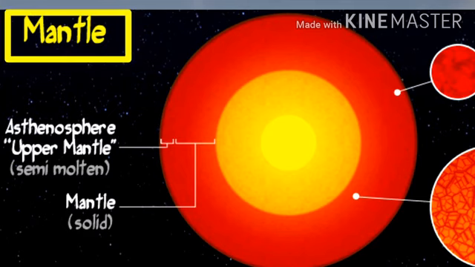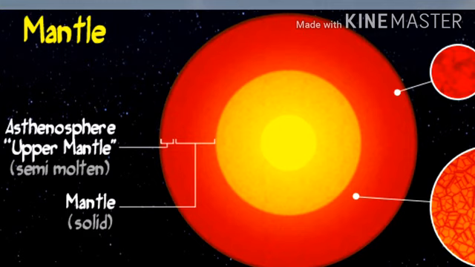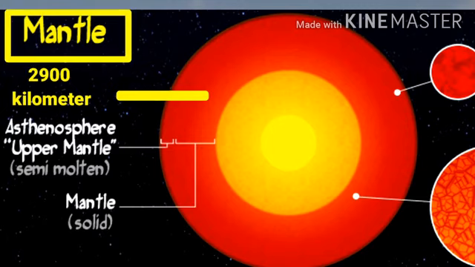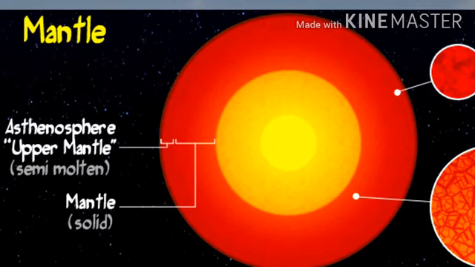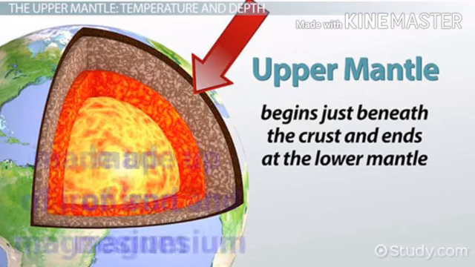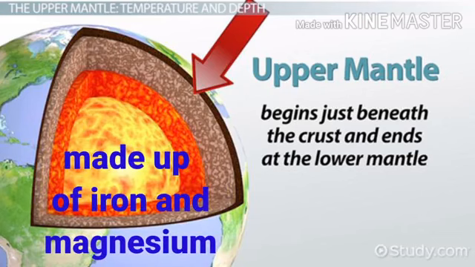Just beneath the crust is the mantle, which extends up to a depth of 2,900 km below the crust. So, let's see the next layer, mantle. Students, mantle is a very thick layer which lies below the crust. It is made up of dense and heavy materials such as iron and magnesium.